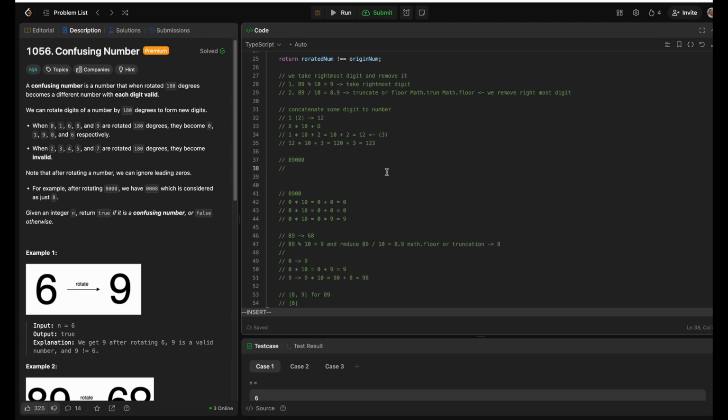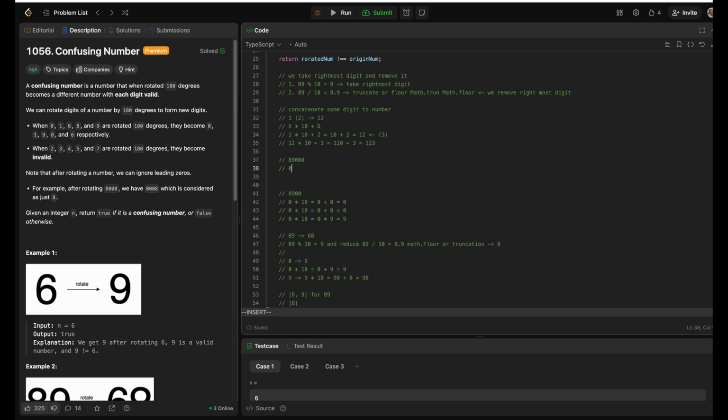Then what will happen? The first step is to take a digit from the rightmost side, just a reminder from the first step. And we take this 0, and now we are literally holding this digit.